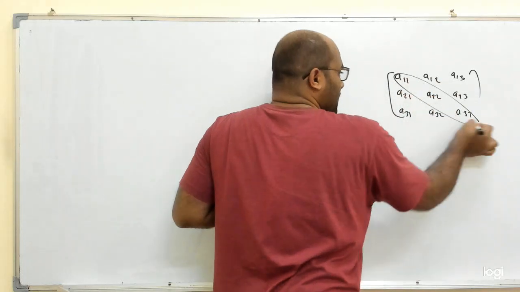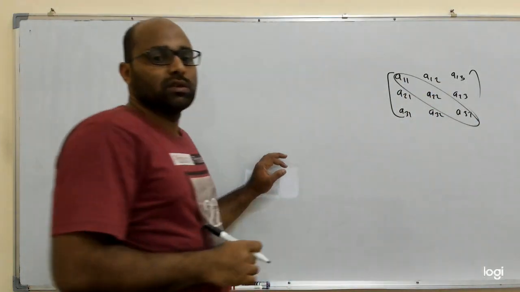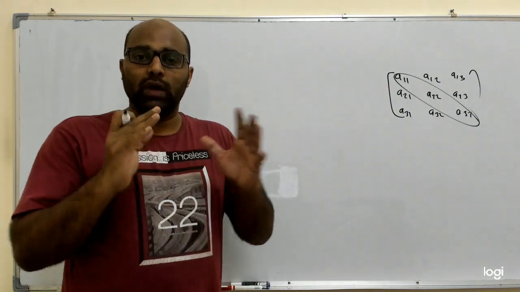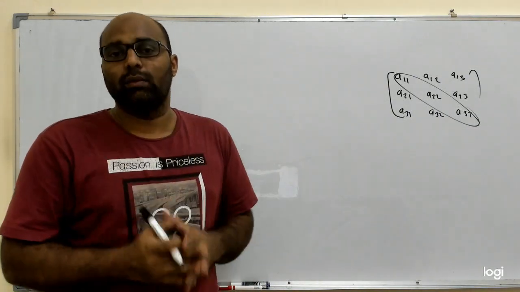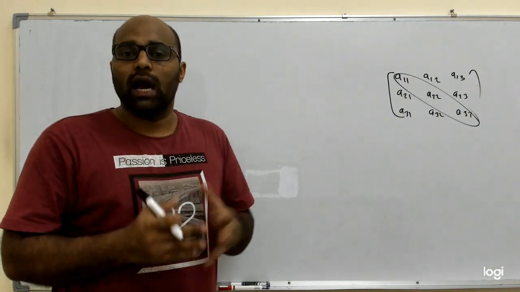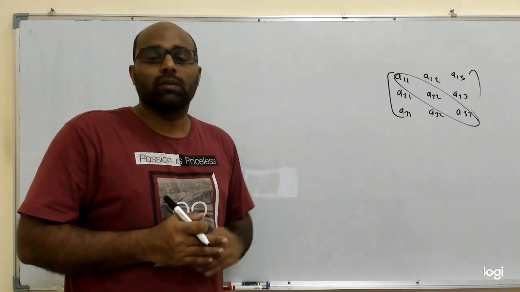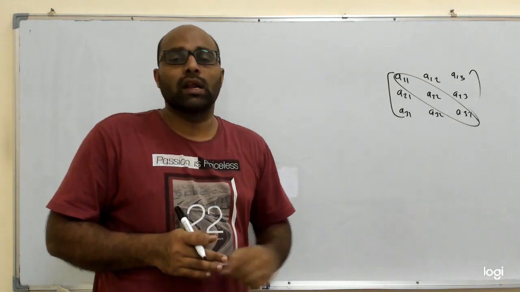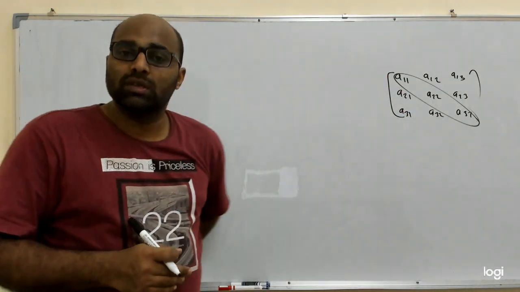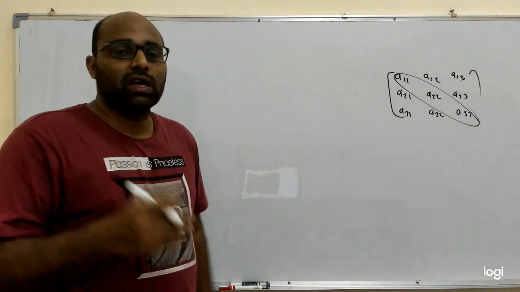This element we are calling diagonal elements. Which one? i equal to j means A11, A22, A33, A44 like that, but it should be in a square matrix. In a skew symmetric matrix, we want to show the diagonal elements are completely 0.